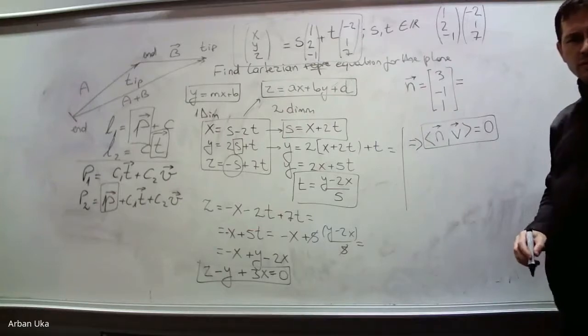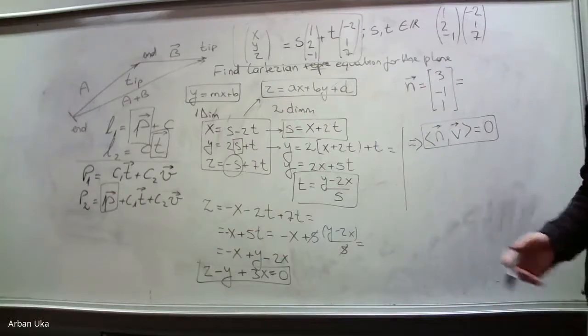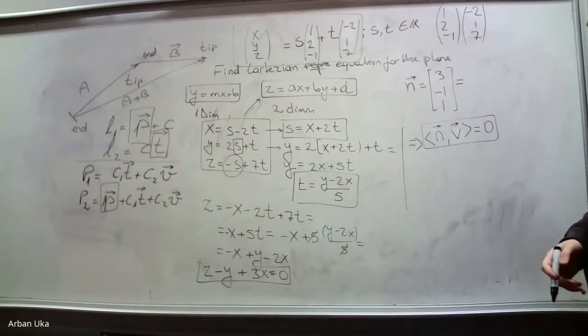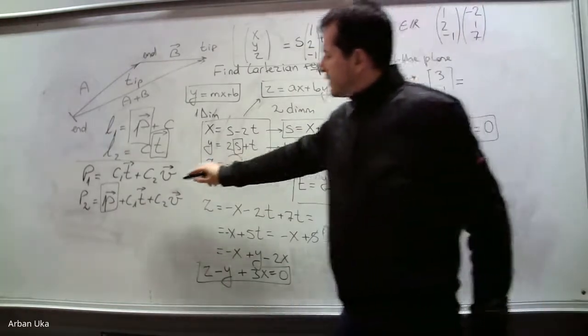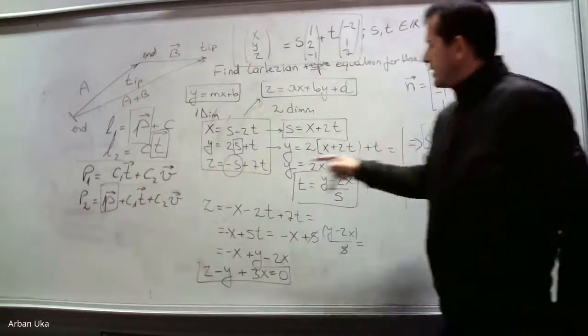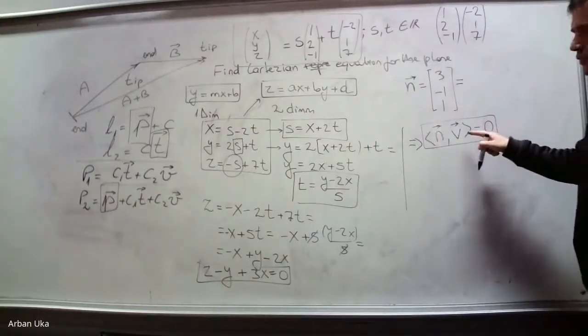Okay, so do you understand this? This is the equation of a plane. So this is a plane which includes the origin. This is also a plane which includes the origin.